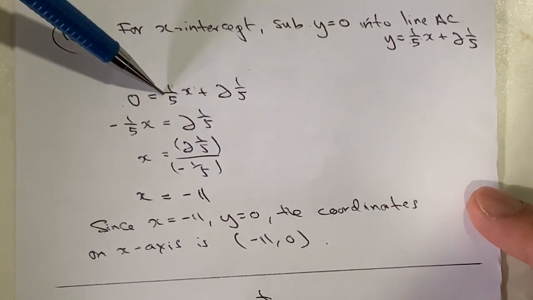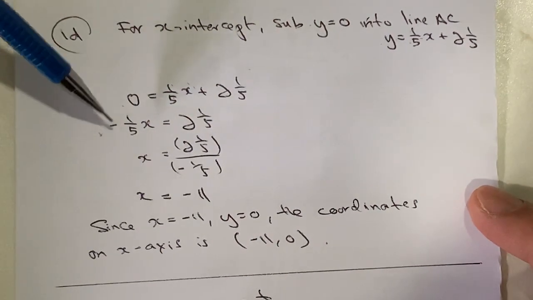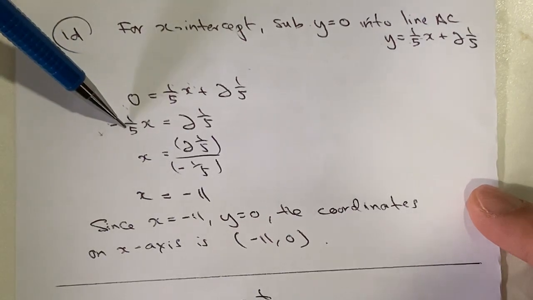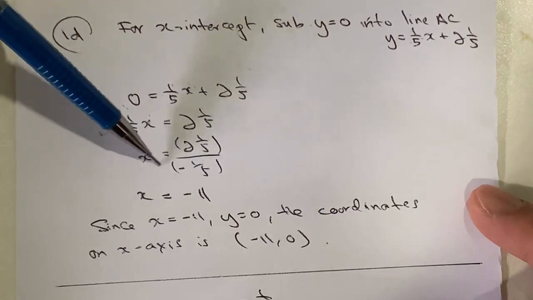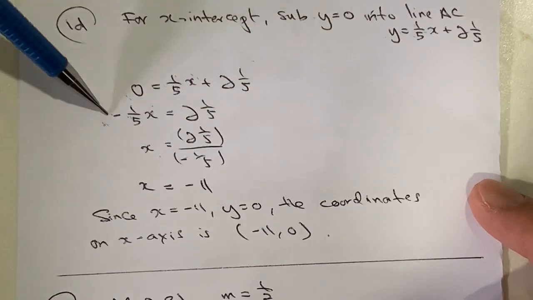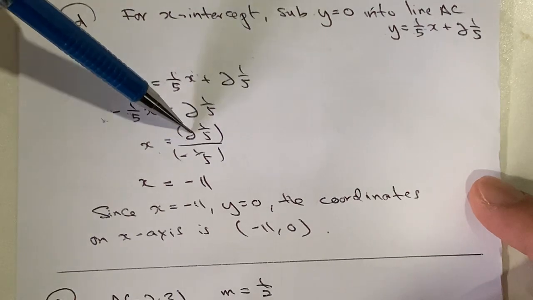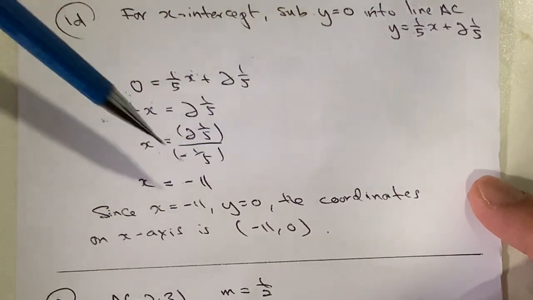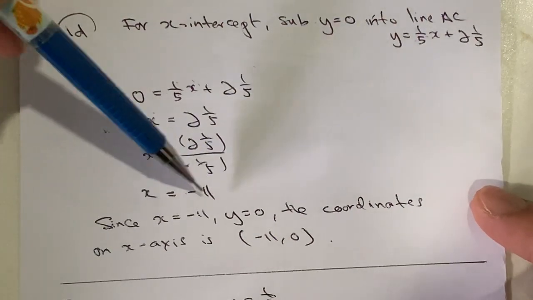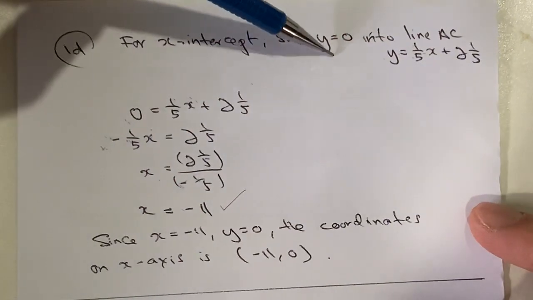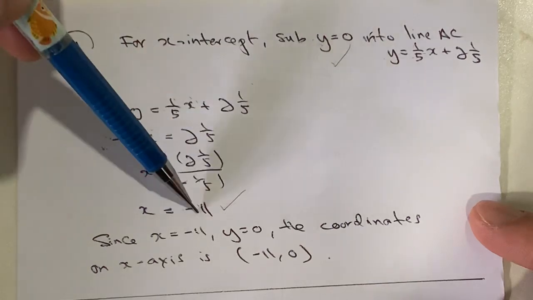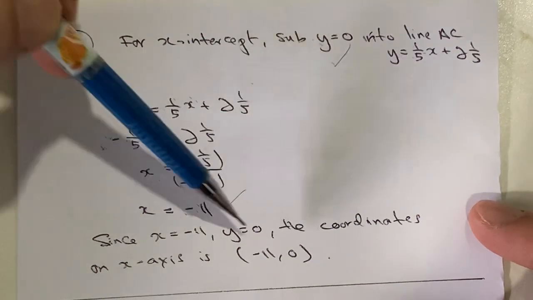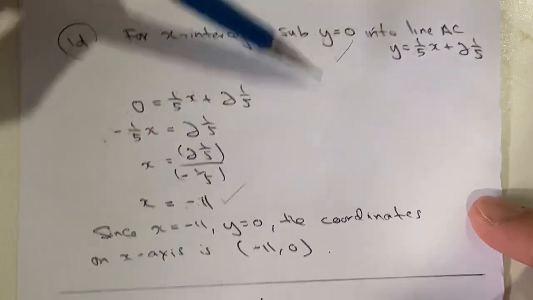So move the 1/5 x to the left, you get negative 1 over 5 x. Move the negative 1 over 5 x to the other side, it becomes divide by negative 1 over 5, and then press the calculator, you get negative 11. So combine negative 11 and y equals 0 here and form the coordinates. The x coordinate will be negative 11, y coordinate will be 0.